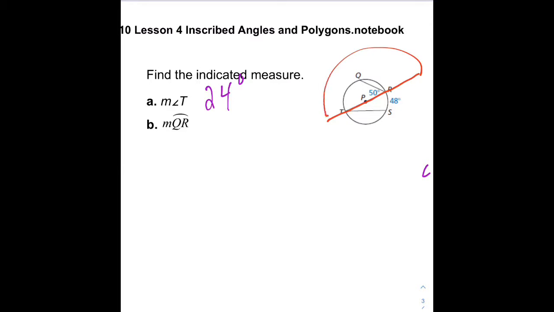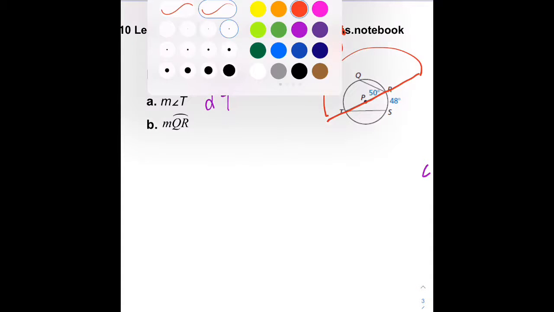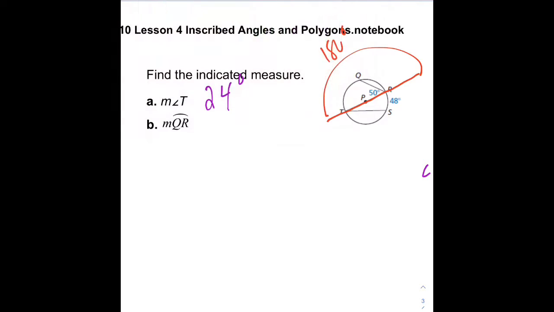That means I know from R to T, it's 180 degrees. Then I notice that QRT is an inscribed angle. So if the angle is 50 degrees, that means I would double it to get arc QT. So that means minor arc QR would have to be 80 degrees.